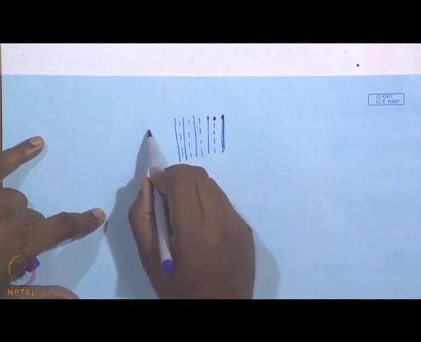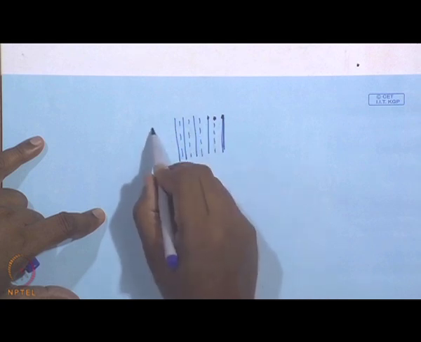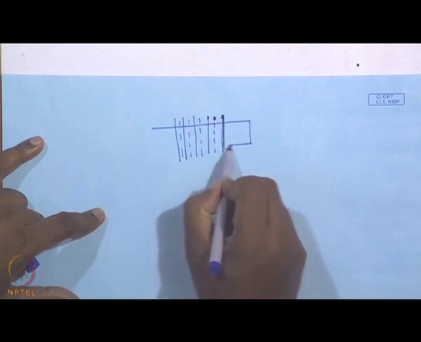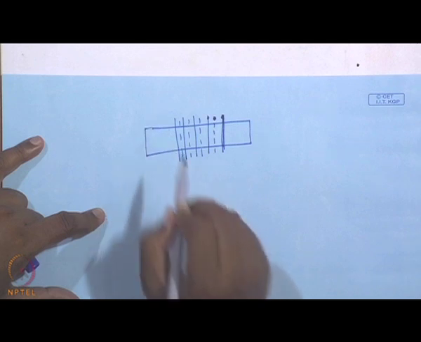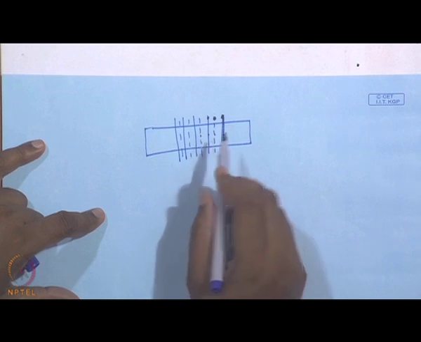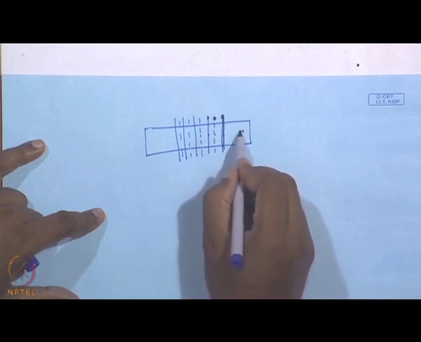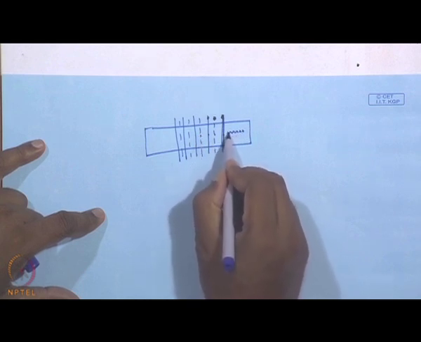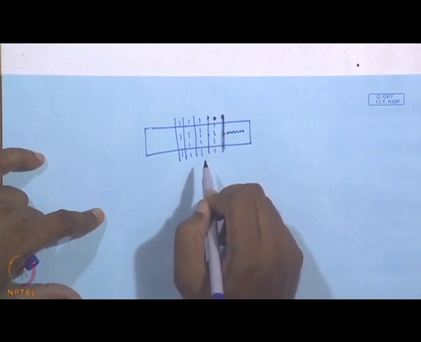What it does is it takes the image of the fringes, the dark fringe, bright fringe, dark fringe, bright fringe, and so on, and digitizes this entire image into a number of pixels.